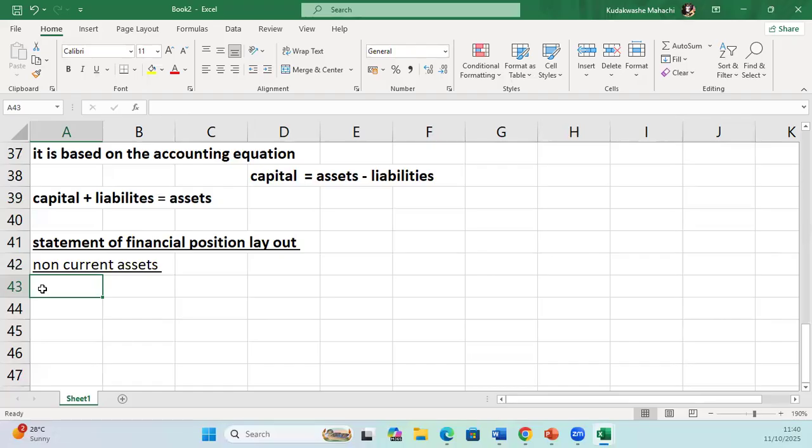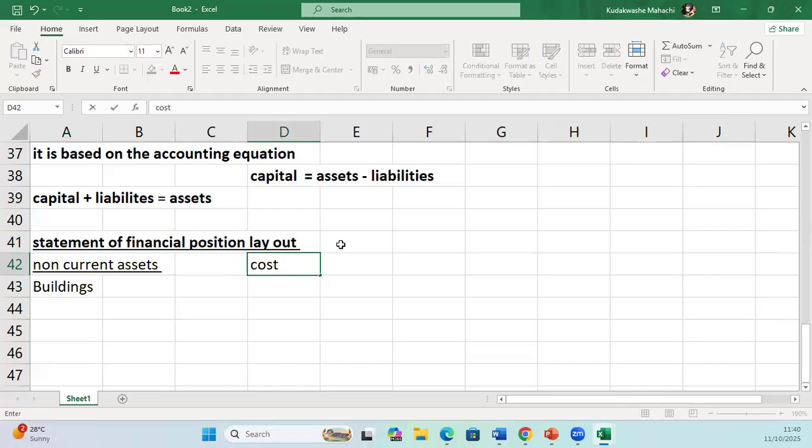We can have the buildings. We are going to have the cost, and we have depreciation, which we call accumulated depreciation.